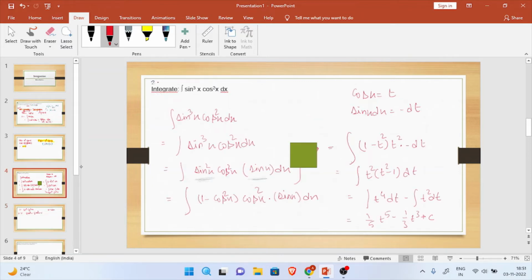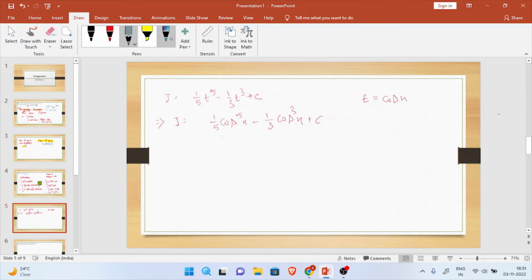As we are not given any kind of condition, we cannot find the value of the constant. So the solution will be this only. This is our answer.